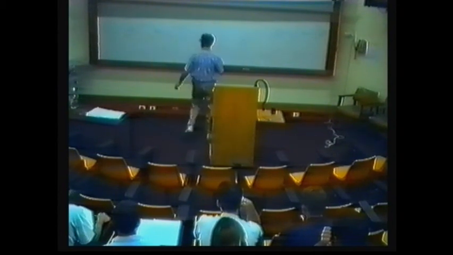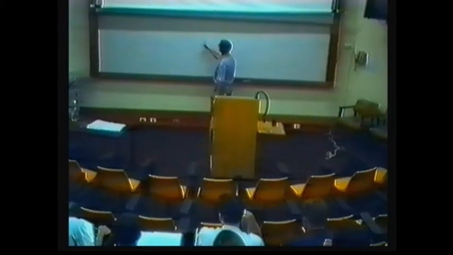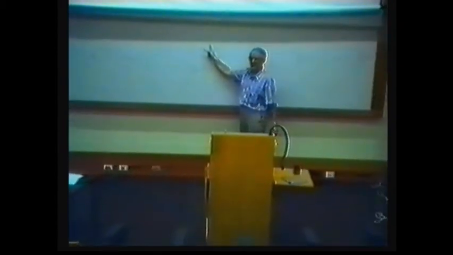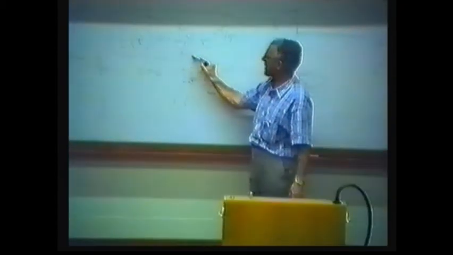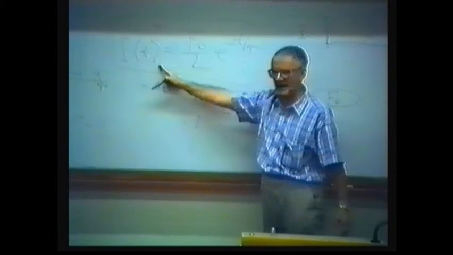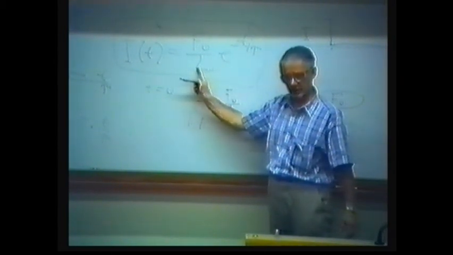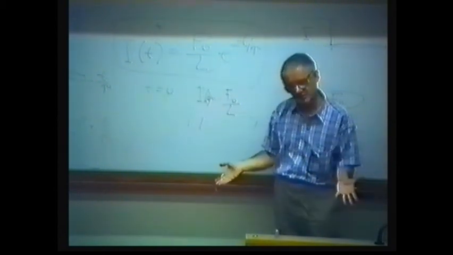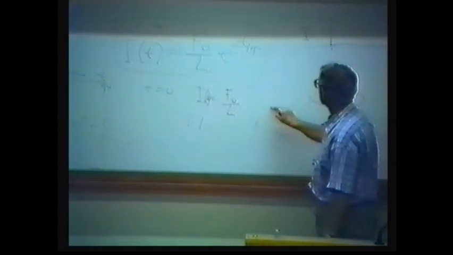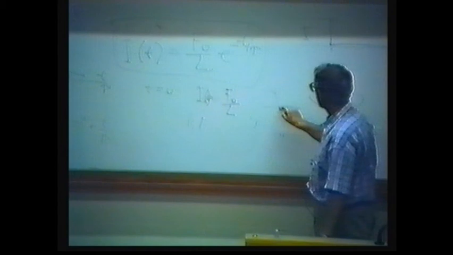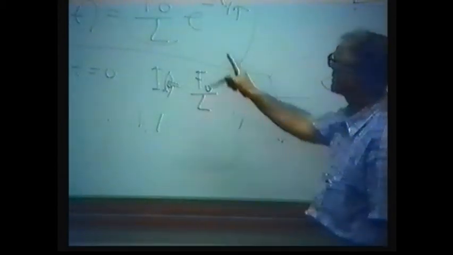Now, is it necessary to have an ideal step function? No. Let us look at this expression. This is the value of the current at the first moment if you have a step function. Correct? But let us forget about the step function. Let us take a real case, ramp time.